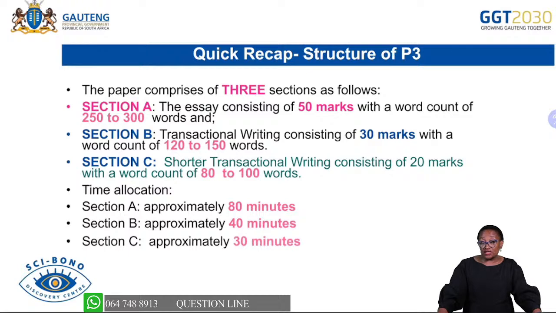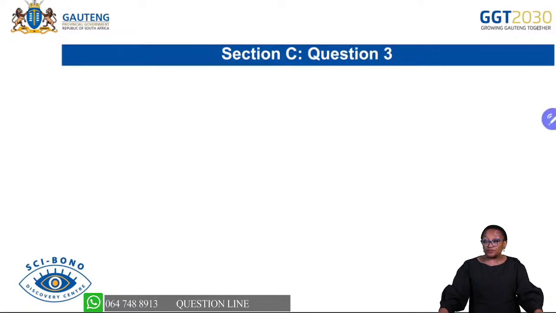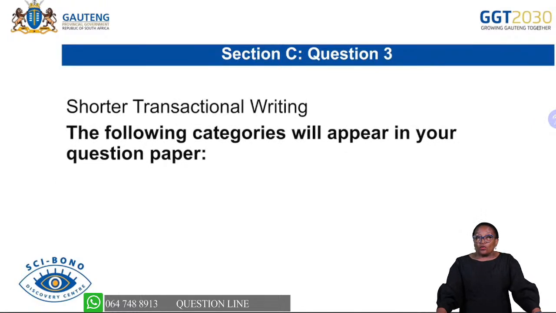And for section C, you are expected to spend approximately 30 minutes. Like I have indicated earlier, section A as well as section B have been treated in the past weeks. So today we will only focus on section C, which is our shorter transactional writing.